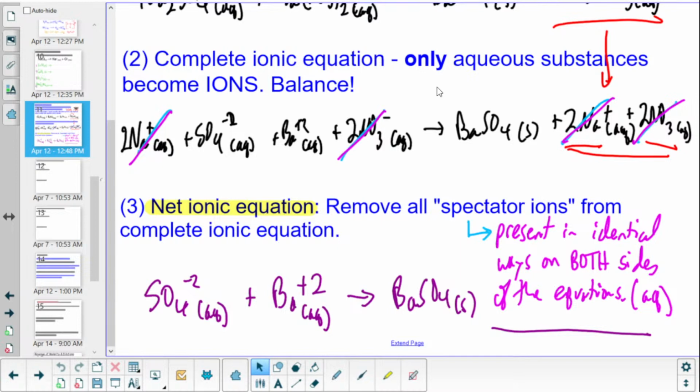Potassium sulfate with calcium nitrate. You're missing charges a lot.